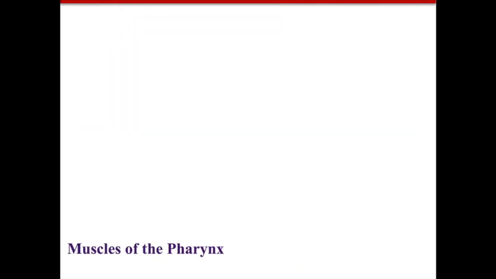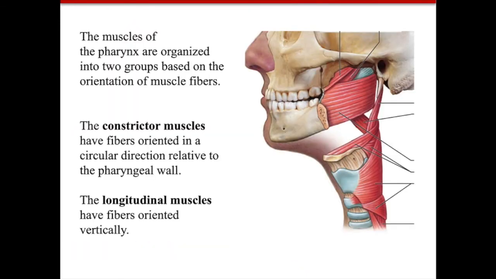Let's move to the muscles of the pharynx. So the muscles of the pharynx are constrictor muscles and longitudinal muscles. Constrictors are circular, they constrict the pharynx, and the longitudinal are vertically oriented.